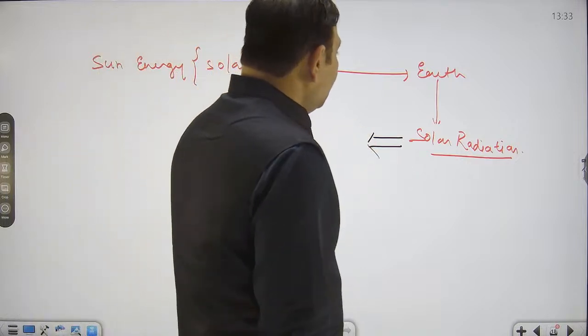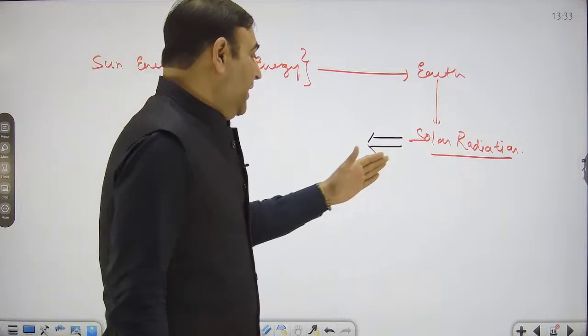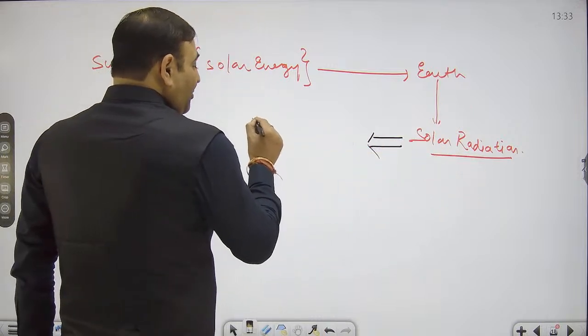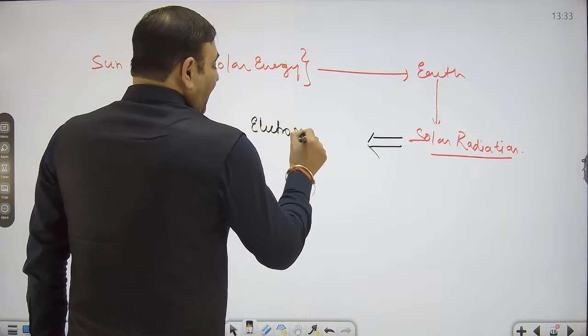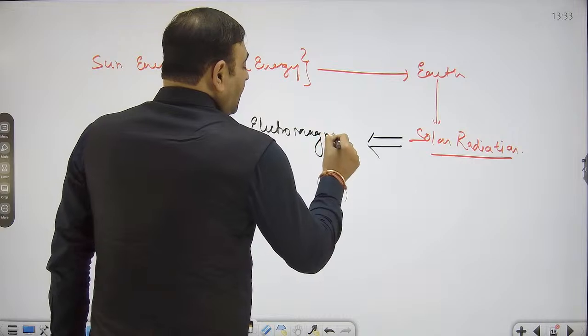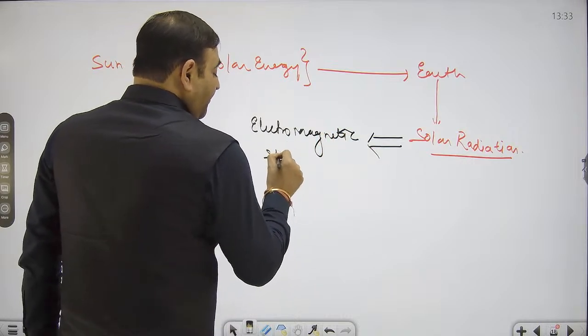Sun energy, solar energy comes to the earth in the form of solar radiation, and this solar radiation is due to the electromagnetic waves or electromagnetic spectrum.